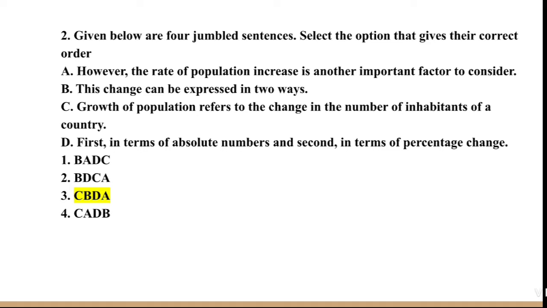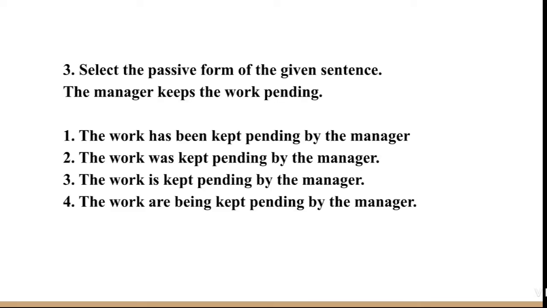First, growth of population refers to the change in the number of inhabitants of a country. Then this change can be expressed in two ways. Then first in terms of absolute numbers, second in terms of percentage change, and number 4 would be A: However, this rate of population increase is another important factor to consider. Okay, so let us look at another question.